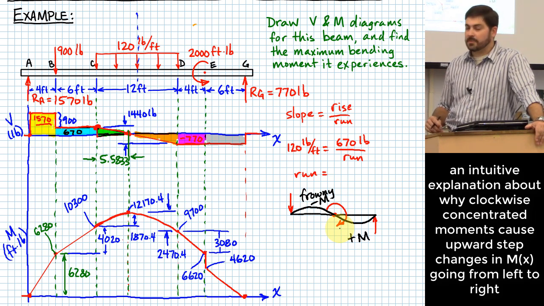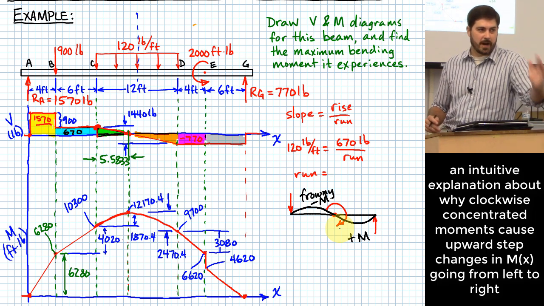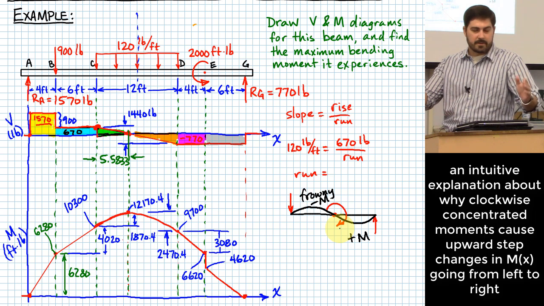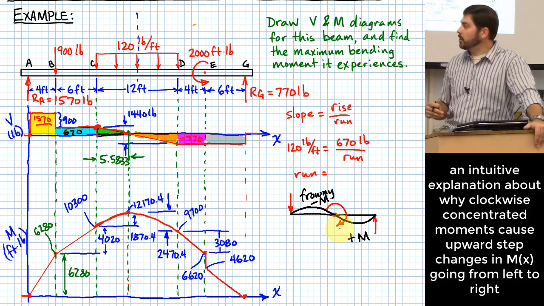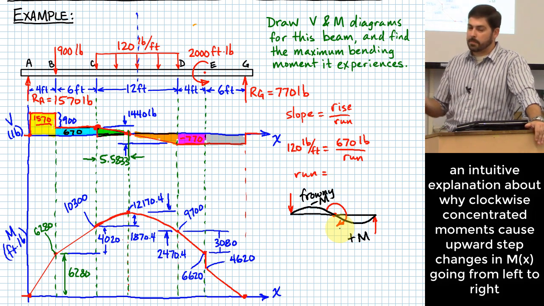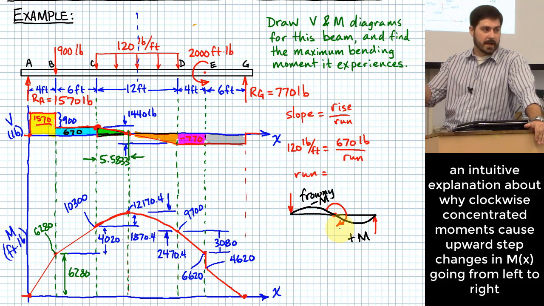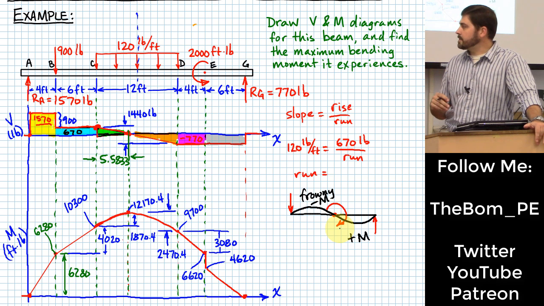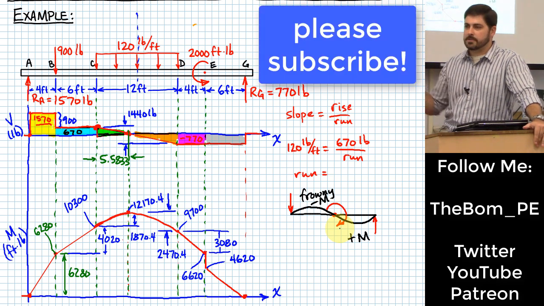It must have been a positive step change because it went from being frowny to being smiley. So it does make sense that a clockwise concentrated moment causes a positive step change going from left to right. This has helped a lot of people, just illustrating it like that.